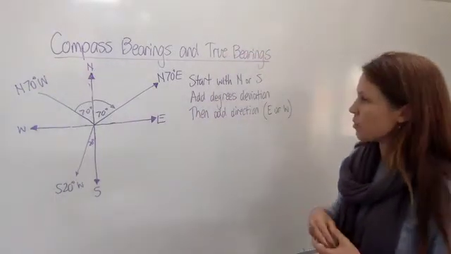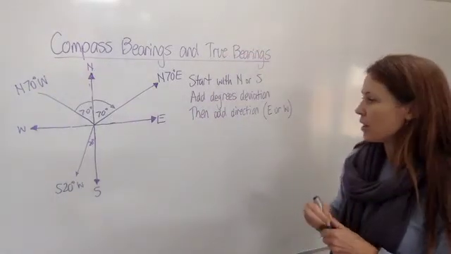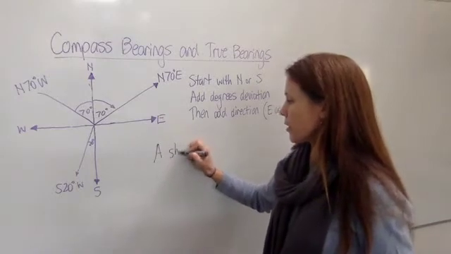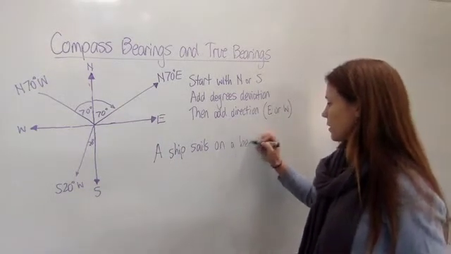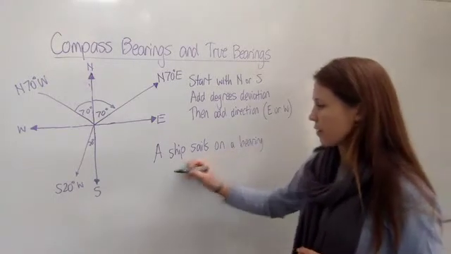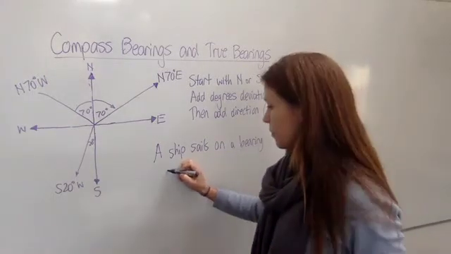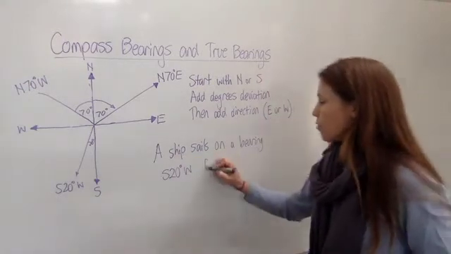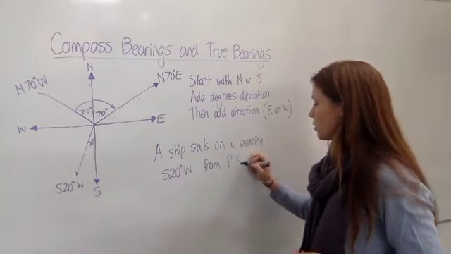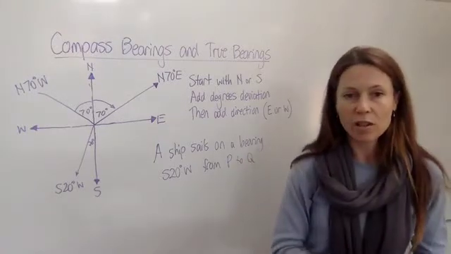So these are quite straightforward. Now when you get one in a question that says maybe a ship sails on a bearing, and then they might describe the bearing, south 20 degrees west, say, from P to Q, your first thing that you need to do is draw that.